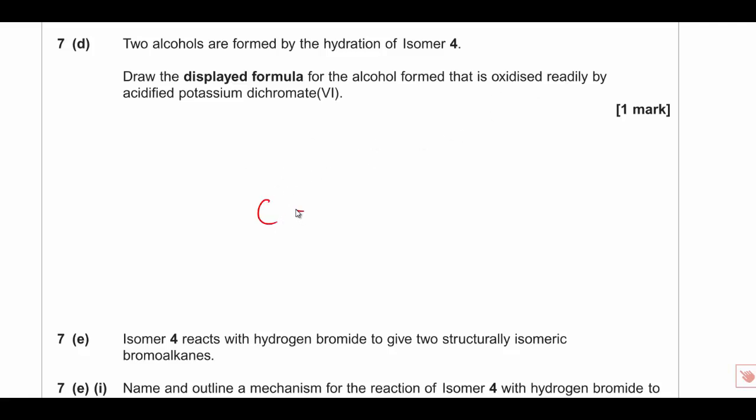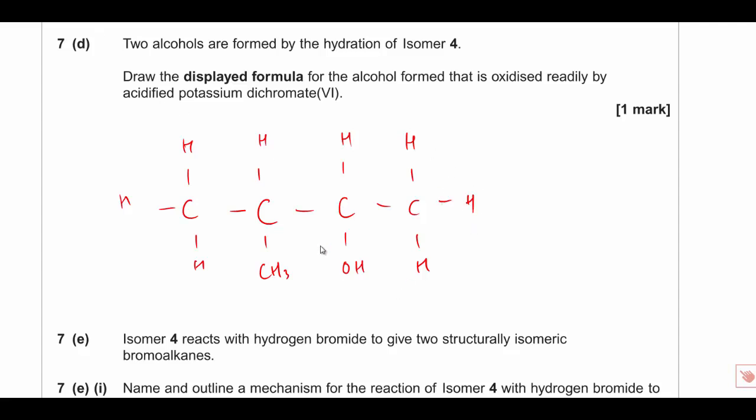So our double bond was there, we're going to add it across there. There's my CH3, there's my H, there's my H. Oh, I just realised I've made a cheeky little error there, which I've got to make sure we don't do.